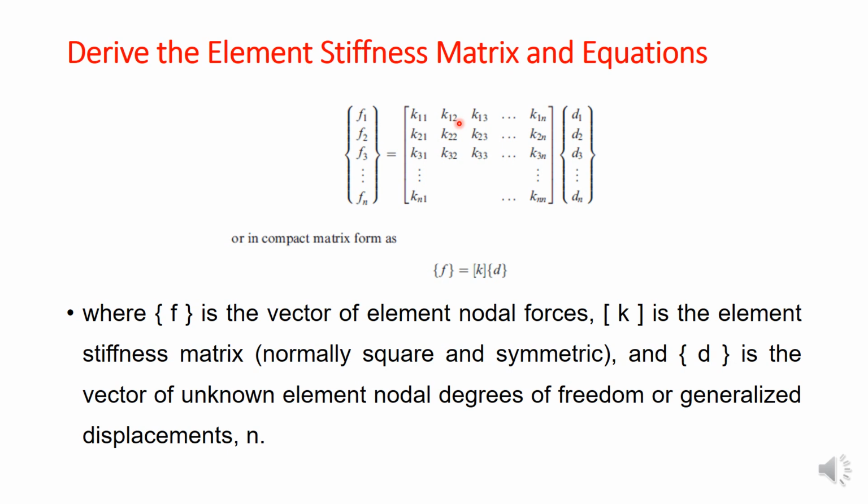For the time being, let's keep in mind we have to derive the elemental stiffness matrix, and for that we have a number of methods, as I said. Then you can find the elemental stiffness matrix, and we can formulate this equation for each element. Once we have this equation for each element, we go to the next step of combining all these equations to form the global stiffness matrix and its equations.